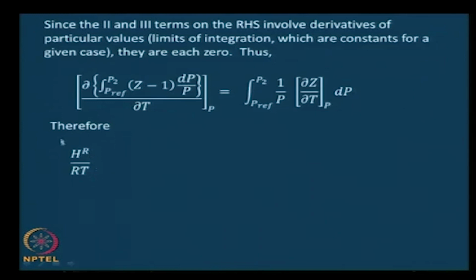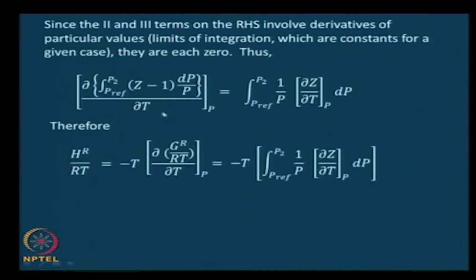Therefore, HR by RT, which is what we started looking at, and we went into all this Leibniz rule business because we wanted to differentiate an integral to get HR by RT from GR by RT, and this is, as we know from the expression earlier, minus T ∂/∂T of GR by RT at constant P. If we substitute this, we would get minus T times the integral from P reference to P2 of 1/P ∂Z/∂T at constant P times dP.